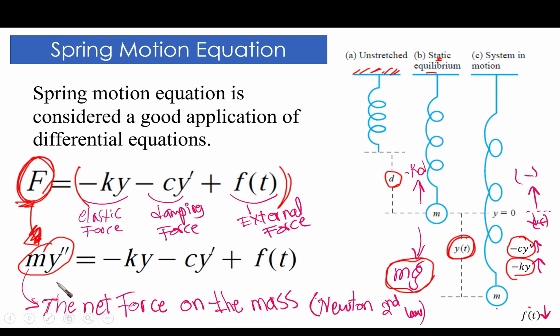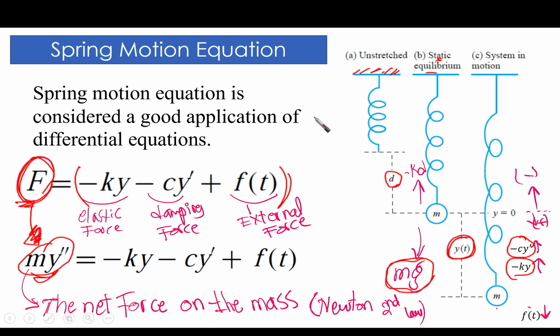From Newton's second law, the net force applied on a mass is equal to the mass times its acceleration. So we have my double prime on the left-hand side equal to the right-hand side, which is minus ky minus cy prime plus f of t, the external force.